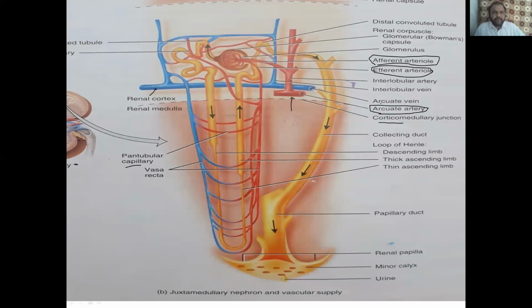Now you can see this vein also has certain branches. The branches of the arcuate vein and of the arcuate artery ultimately unite this way and remain parallel with the loop of Henle, and are called vasa recta. So these U-shaped blood capillaries and their horizontal branching together are called vasa recta.